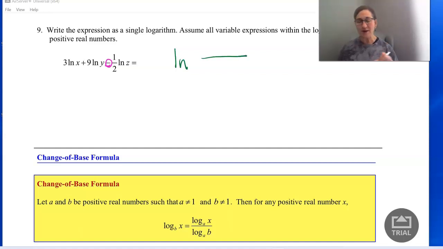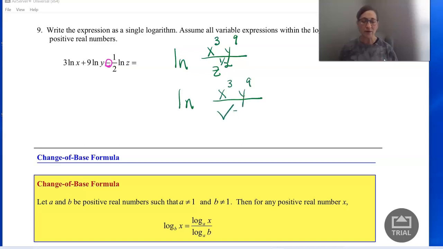And so in the numerator, it'll be x cubed y to the 9th. In the denominator, it would be z to the 1/2. Well, z to the 1/2 is the square root of z. So I'm going to rewrite this as natural log x cubed y to the 9th square root of z. There we go. You got it.